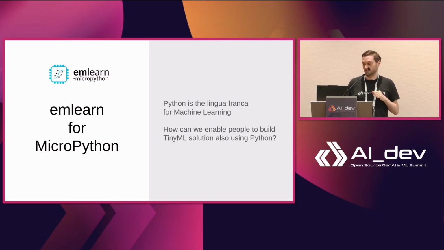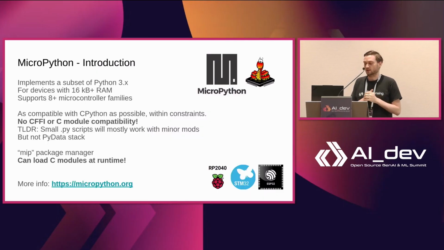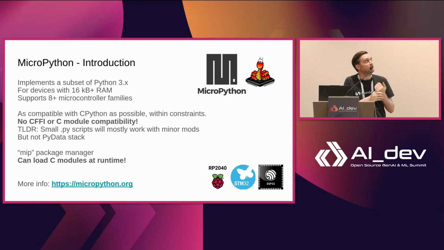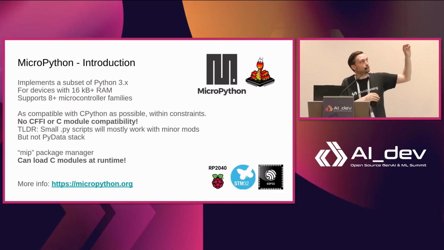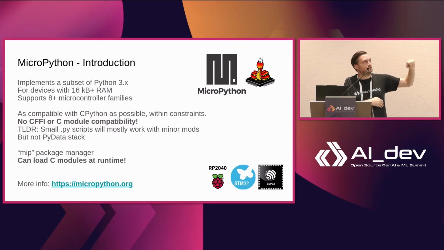That's made possible using MicroPython, because it's been available for around 10 years now, so it's getting really nice and mature. It's as compatible with CPython, like regular Python, as possible, but of course there are constraints when you have these very small devices. For example, the C API is not compatible. So it means you don't get regular NumPy, TensorFlow, etc.